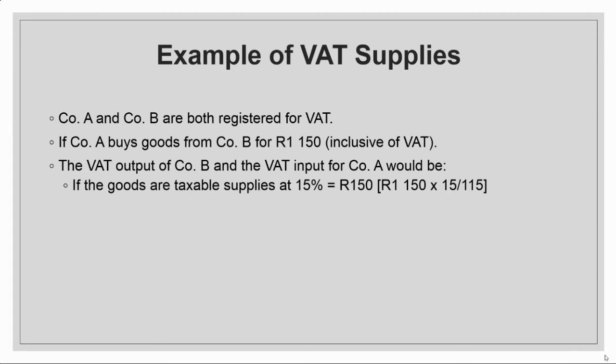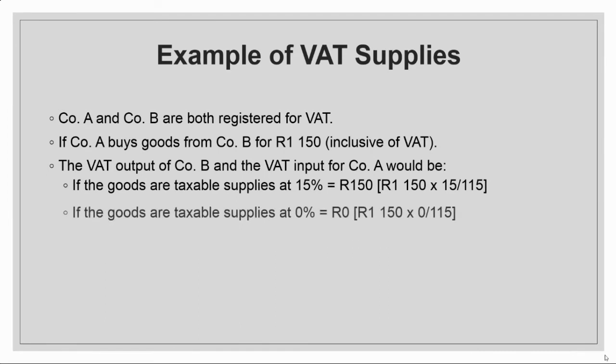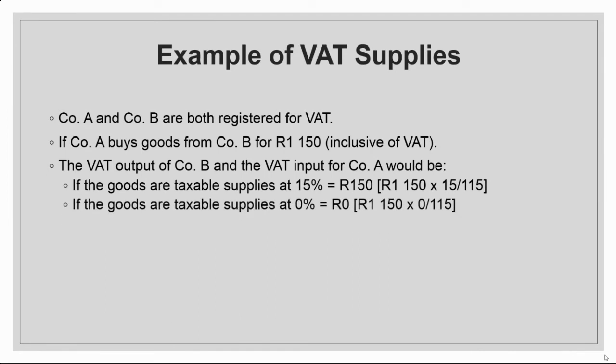If it was a VAT exclusive amount, it would have been 100. If it was zero rated supplies, we would have levied it at 0%. So where the 15 was in the previous example, that would have been a 0, which gives us a 0 rand VAT implication. And then the last one is exempt supplies, is also 0 rand because no VAT was physically levied on it.